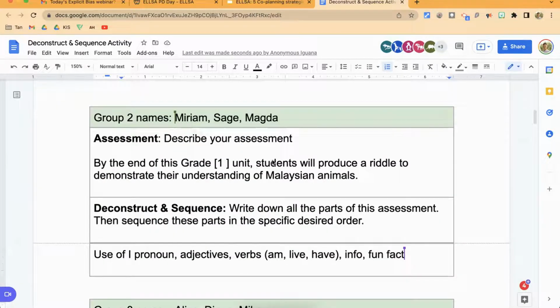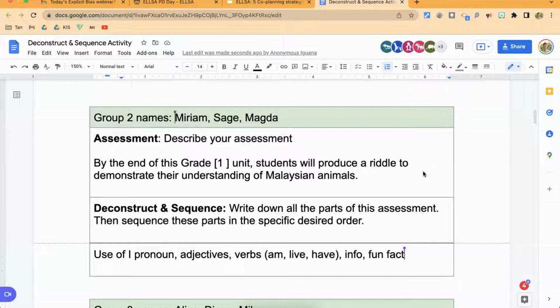Sage said, it can be really quick. I love this, Sage. Yes, it can be so quick. And it has to be quick because we have so few precious minutes to co-plan with our teachers. When we co-plan this way, we maximize, capitalize, and multiply every single minute we have.